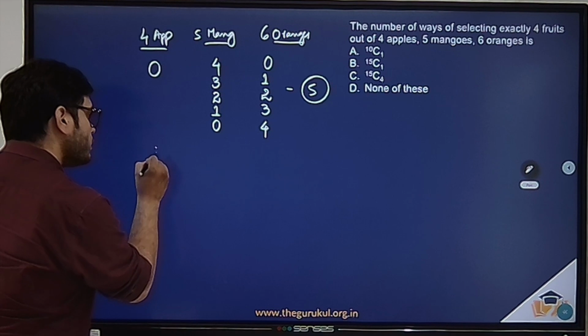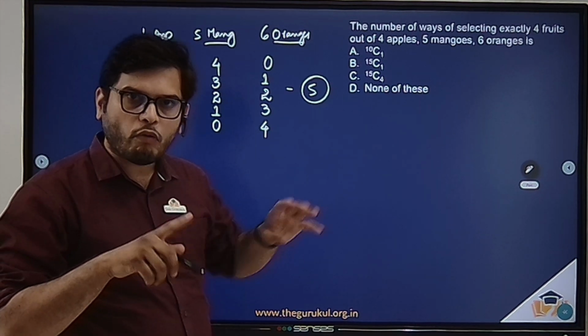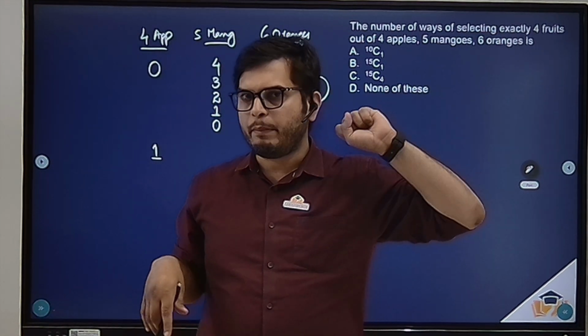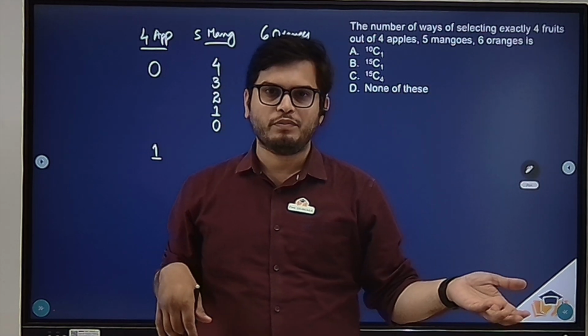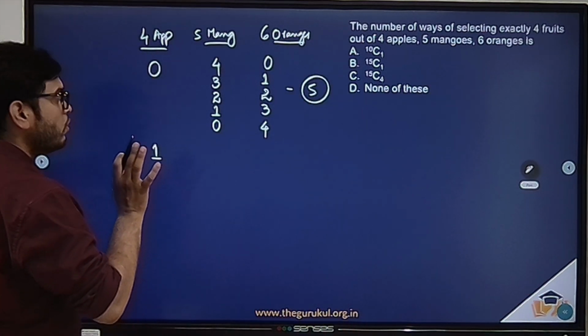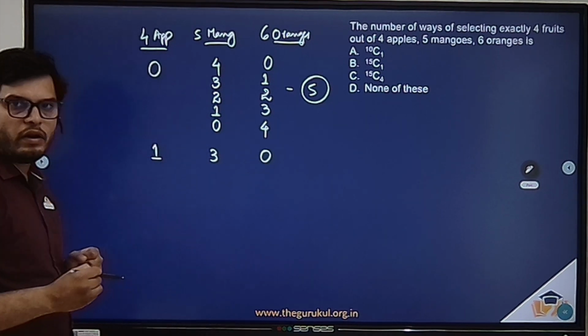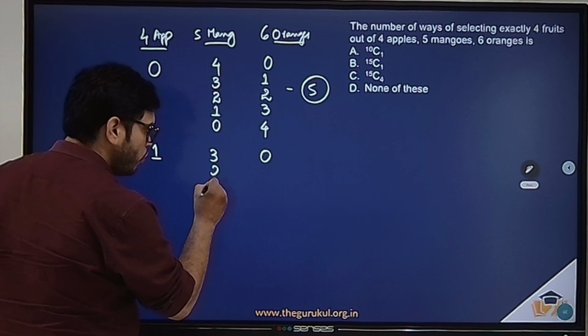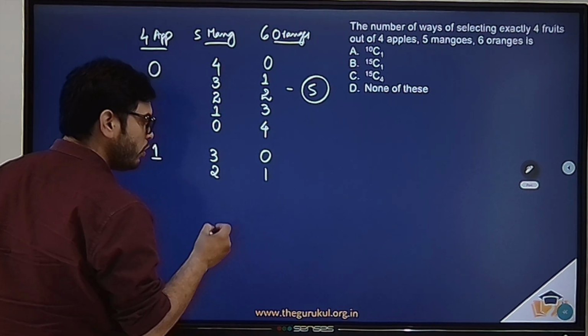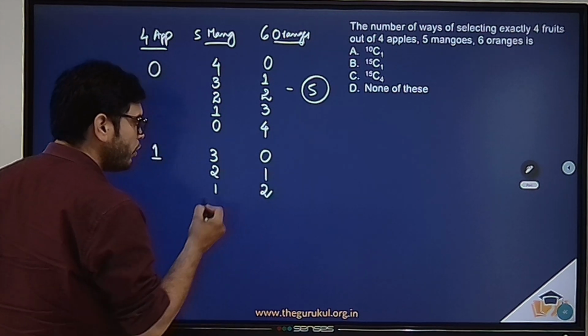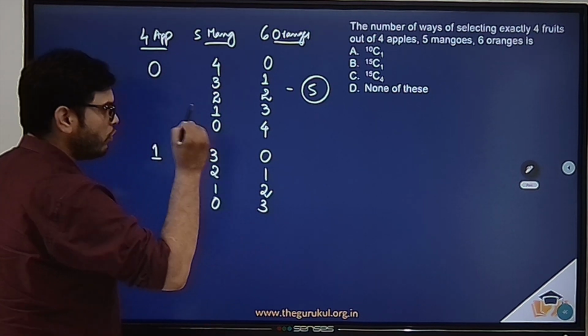Now let me consider that there is one apple. Out of 4 fruits, one is an apple, so you need to select 3 more. Out of those 3, all 3 can be mangoes, then you won't have any oranges: 3, 0. Or 2 mangoes, 1 orange; 1 mango, 2 oranges; 0 mangoes, 3 oranges.